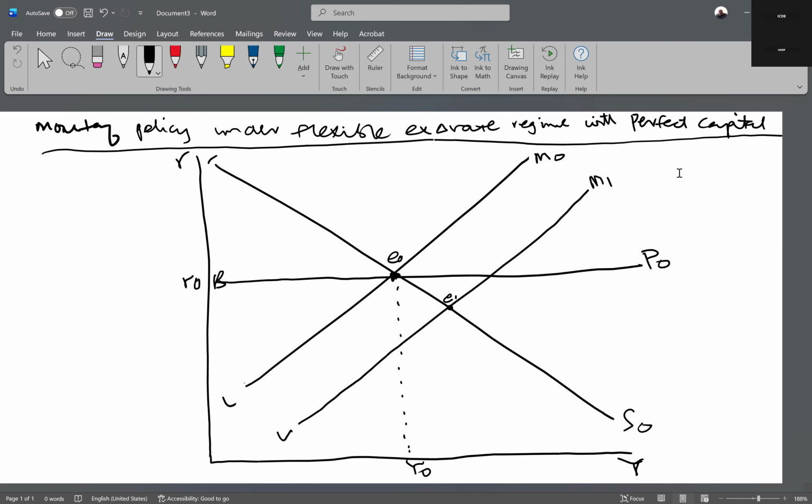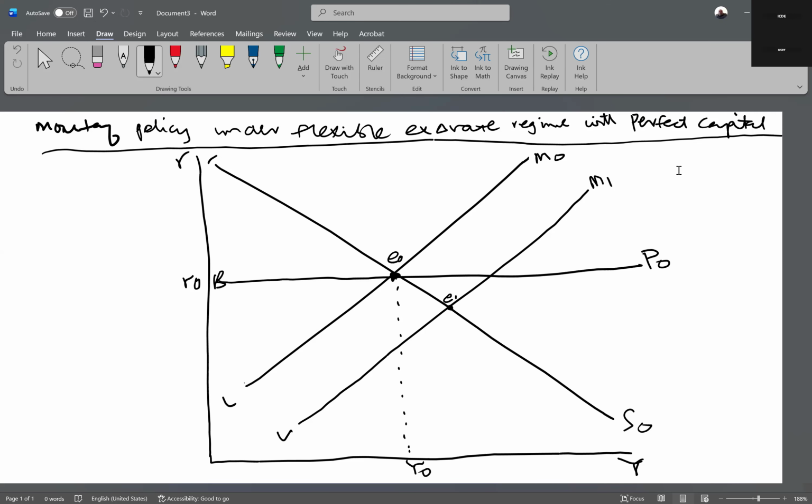So monetary policy leads to what? The LM curve moving from LM0 to LM1. So income rises from Y0 to Y1, and the interest rate falls from R0 to R1.